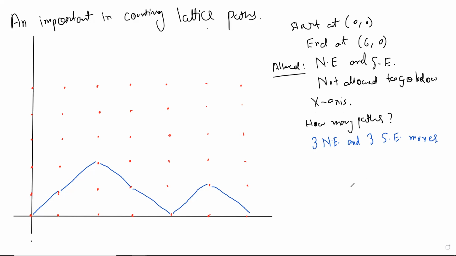That is the problem. For example, I cannot start with a southeast move. Any permutation of 3 northeast and 3 southeast will not work.